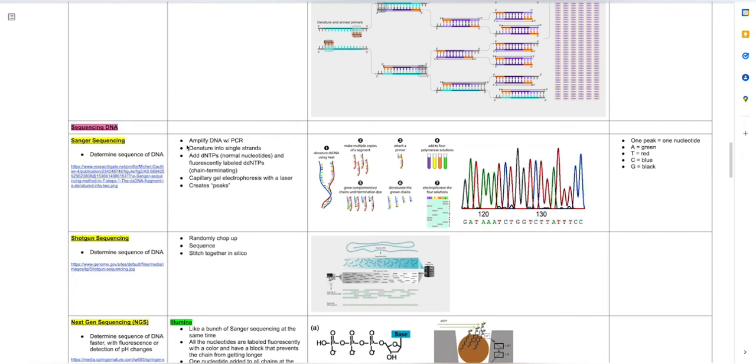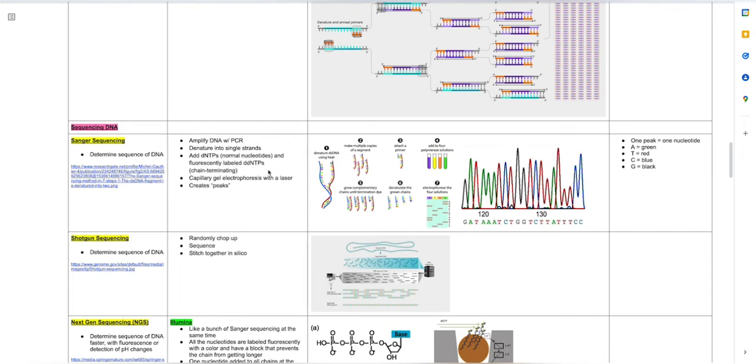And then you add normal nucleotides, which are called dNTPs, and then fluorescently labeled ddNTPs. These are chain terminating, like we talked about earlier with gel electrophoresis for DNA. So you put them onto a strand and then nothing's going to come after them. And in this case they're going to have these fluorescent labels on them.